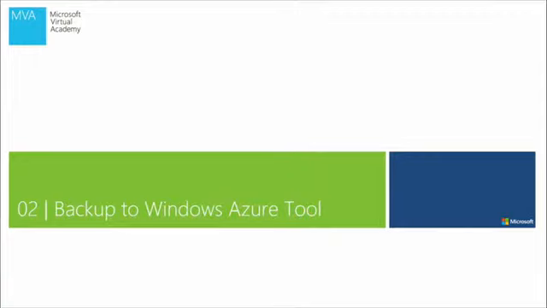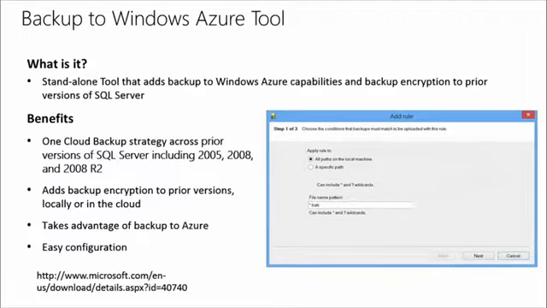So what we've done is we have released a tool called Microsoft Backup to Windows Azure tool. So what is this tool? This tool is a standalone installation that adds backup to Windows Azure capabilities, encryption and compression to prior versions of SQL Server.